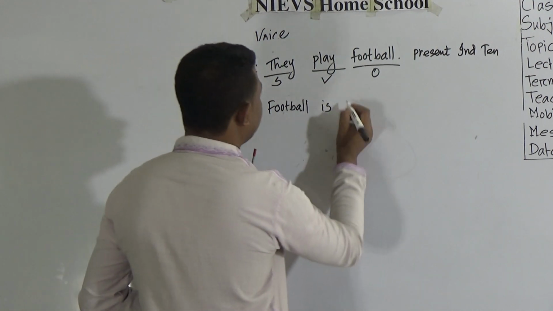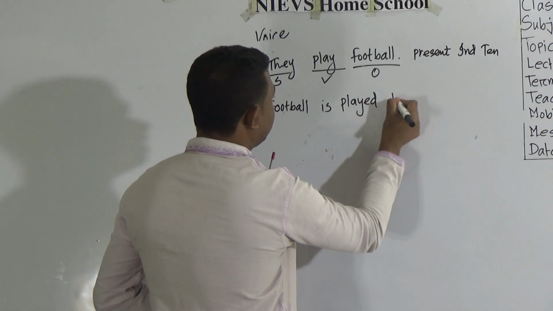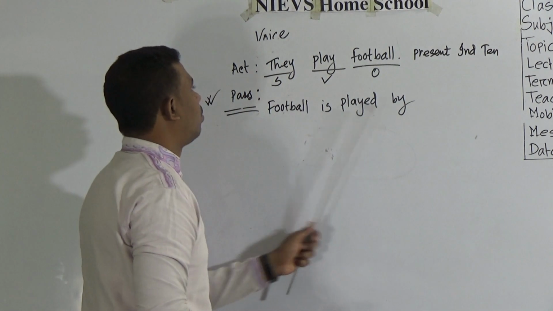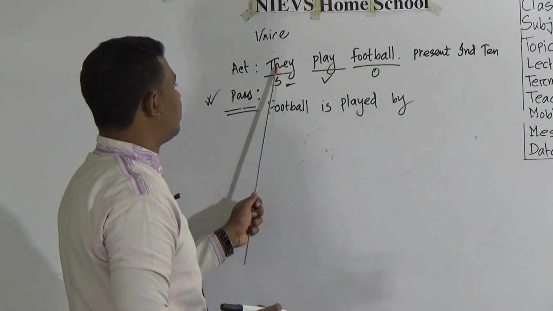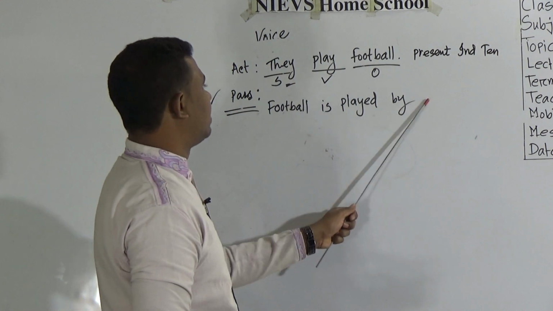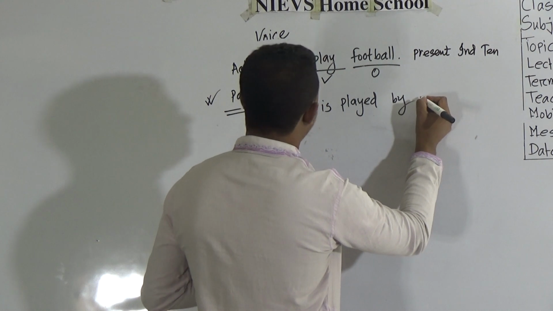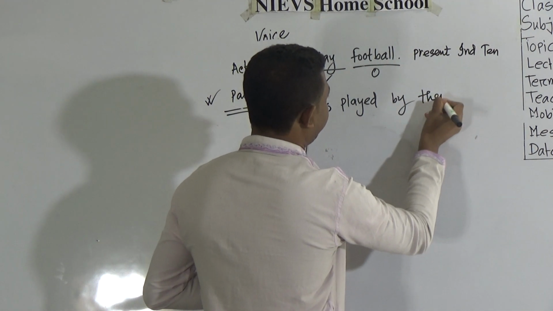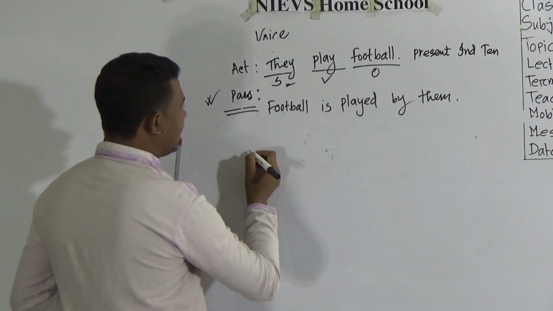So, football is played. Then "by": from the rules, "they" is the subjective form and we have to use its objective form, so I write "them" before it. This is the answer.